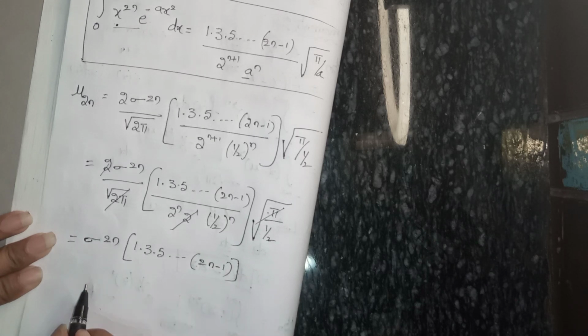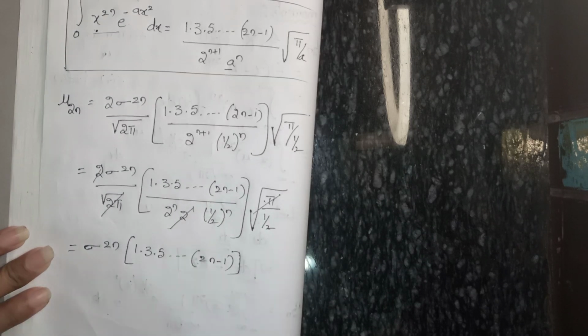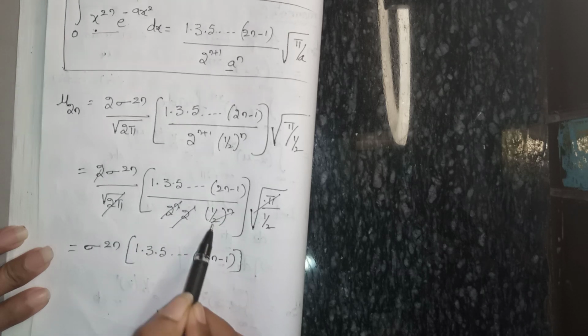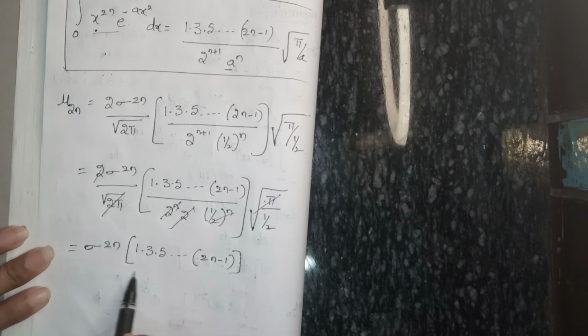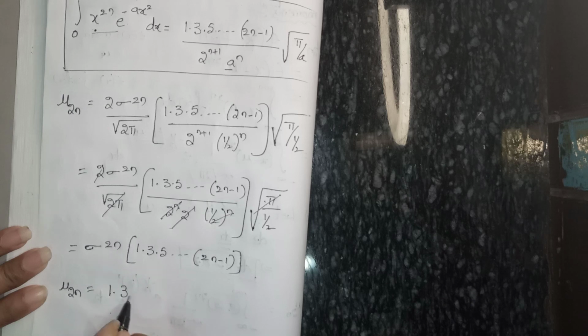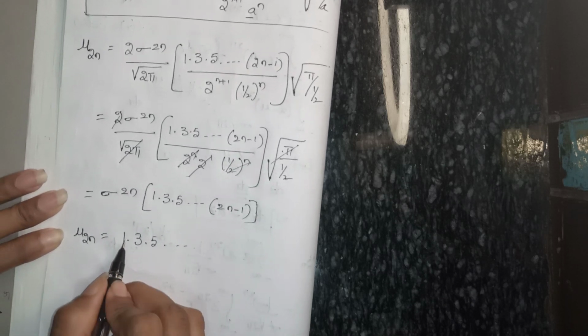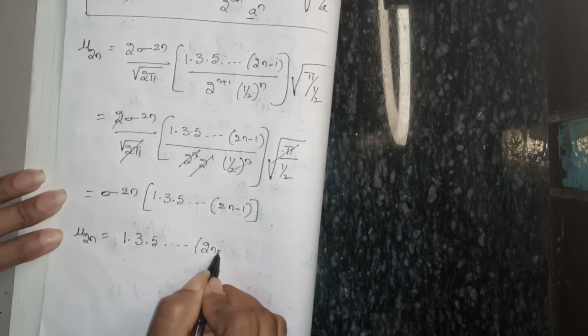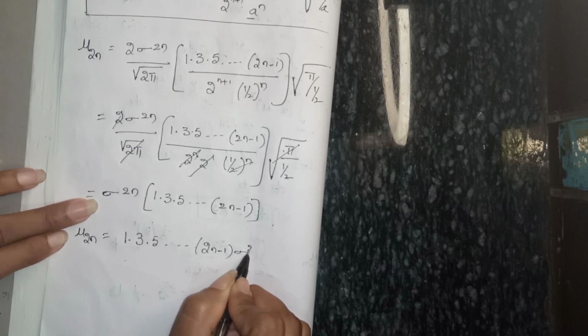Next 2 power n and here 2 power n, this term also will cancel. So the remaining term will be only this one. So mu 2n equals 1 into 3 into 5 and so on, into 2n minus 1 into sigma 2 power n.